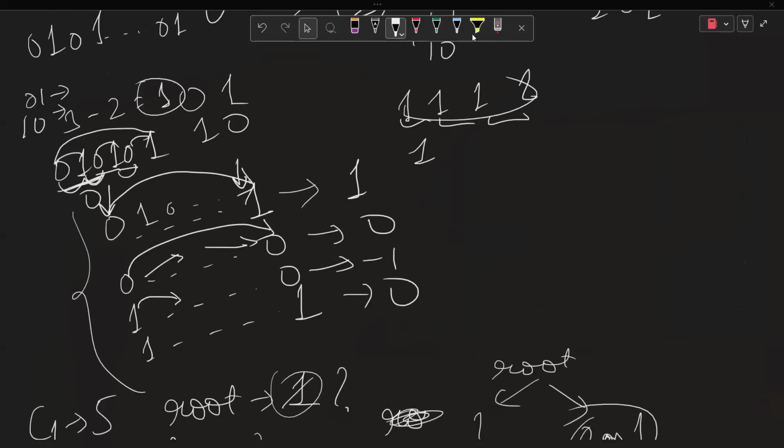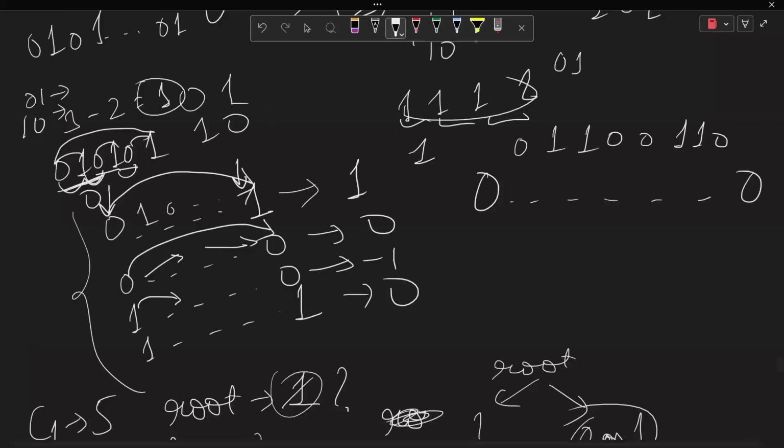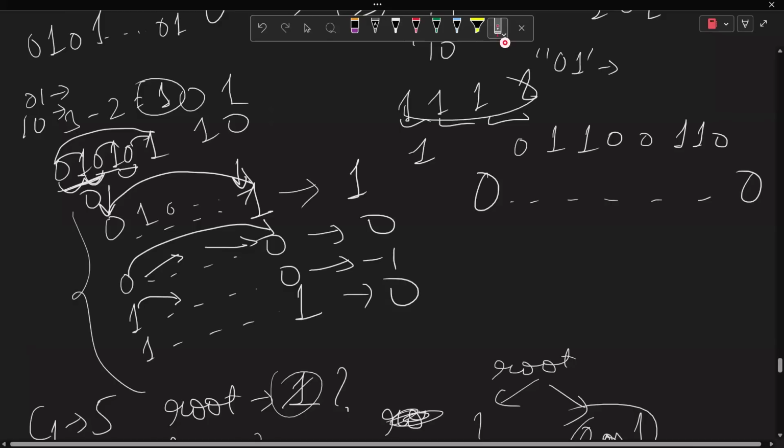So, that's what I was explaining here: let's suppose you're starting with 0 and ending with 0, in between you have some 0, 1, 1, 0, something, something. But what would be the count of 0 1? That would be the number of transitions from 0 to 1.